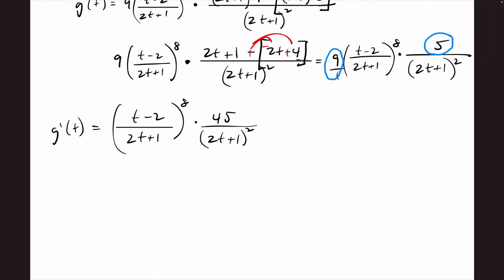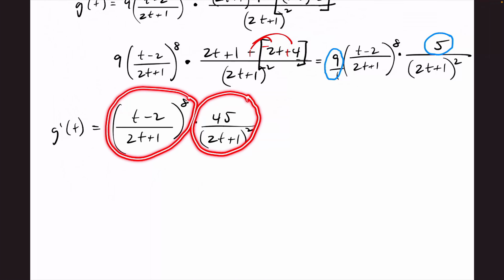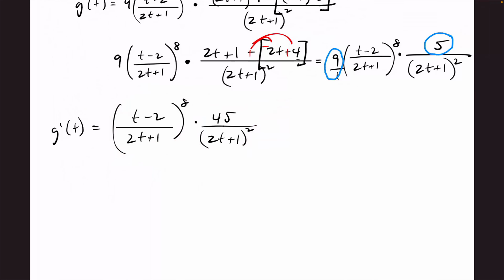Okay. So if you were to put that answer, look for that answer, because this would most likely be a multiple choice question. If you were to look for that A, B, C, D, you wouldn't find that answer anywhere. The reason is, what do they have in common? Look at both fractions. They're both over 2t plus 1, right?